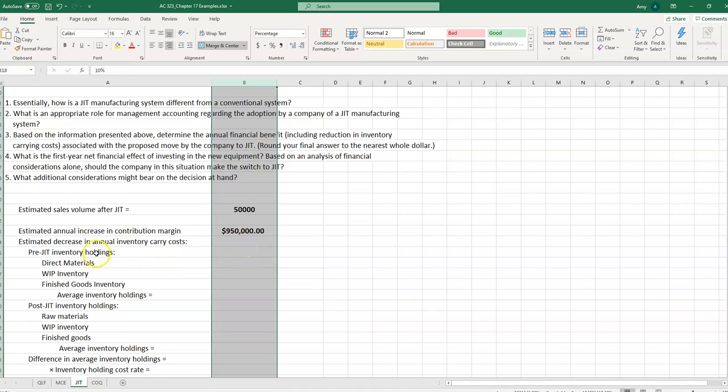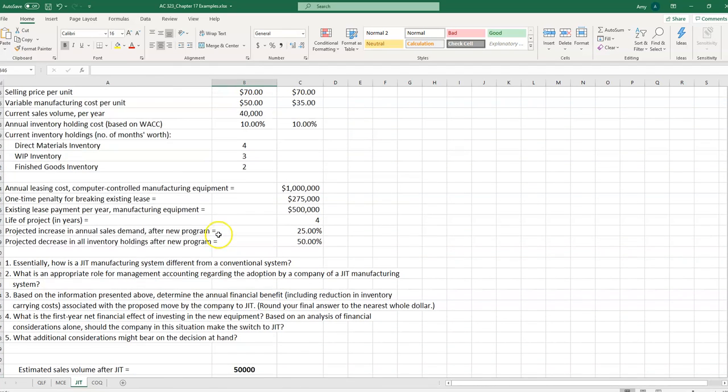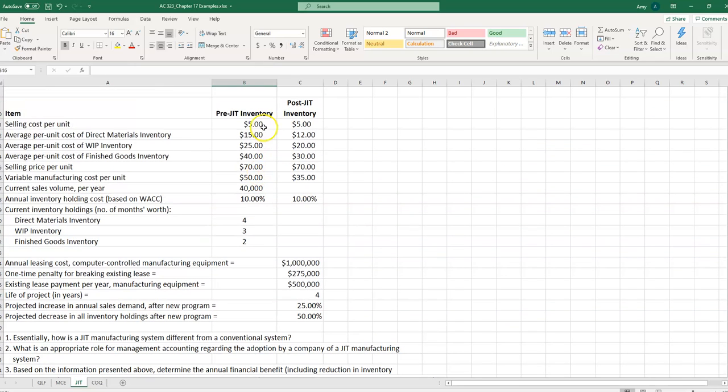Next, we're going to look at our decrease in annual inventory carrying costs. So our current carrying costs are that we hold 4 months worth of direct materials, 3 months worth of work in process inventory, and 2 months worth of finished goods inventory. And then we have our average cost per unit.